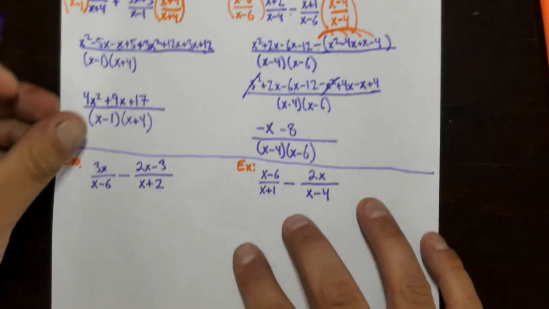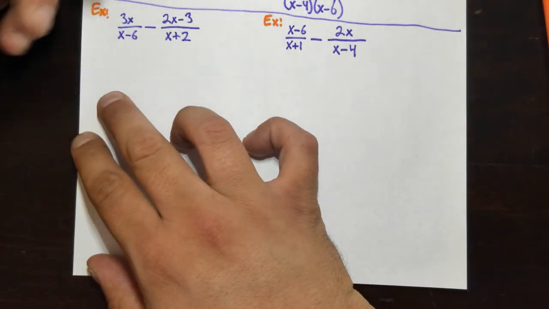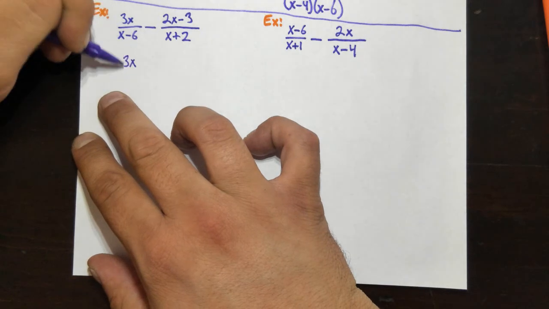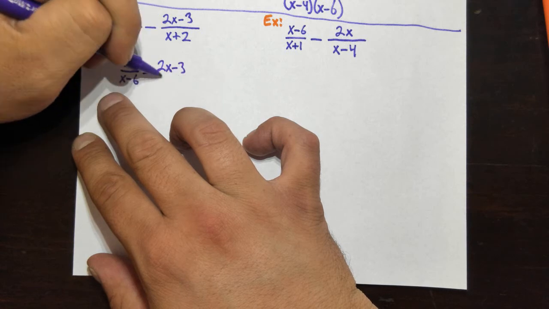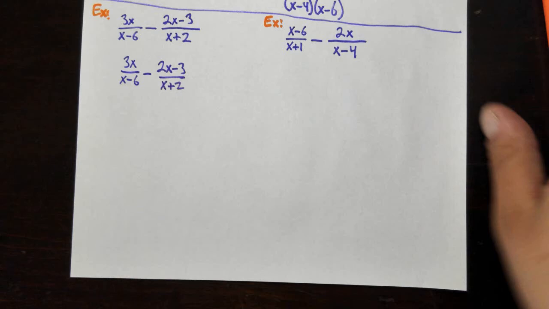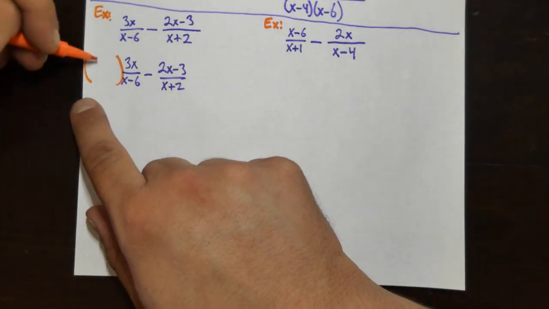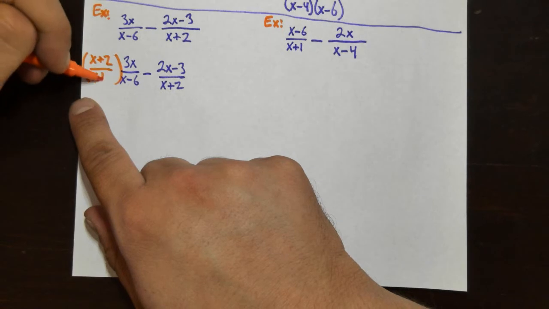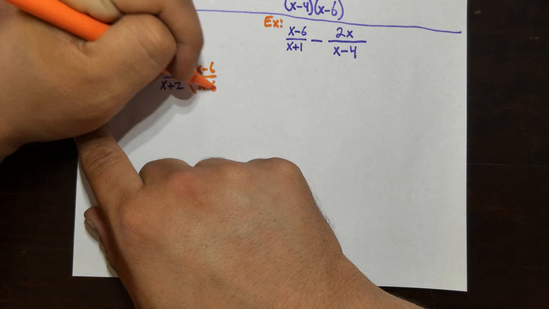All right, let's do the last 2 examples. So these are subtraction as well. Okay, and again, we're going to multiply by the other's denominator. So x plus 2 over x plus 2, and then x minus 6 over x minus 6.